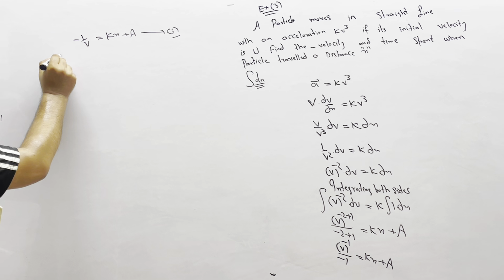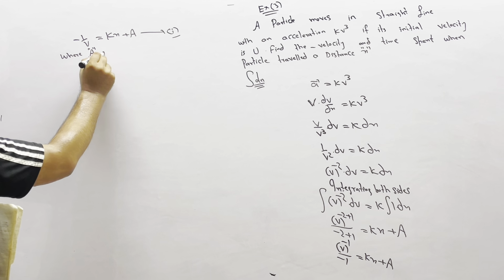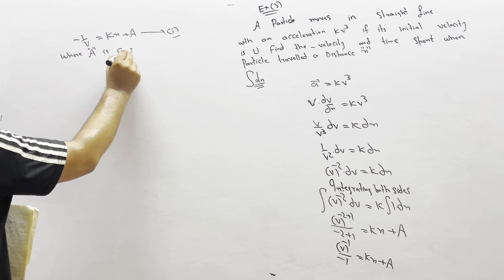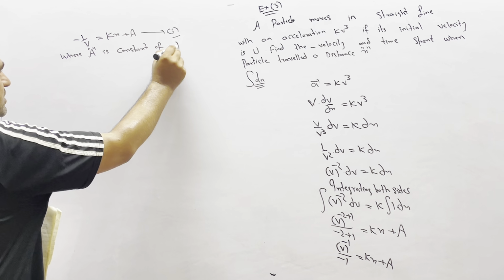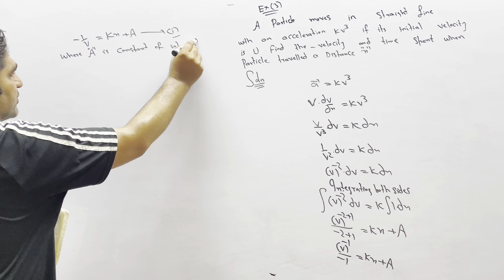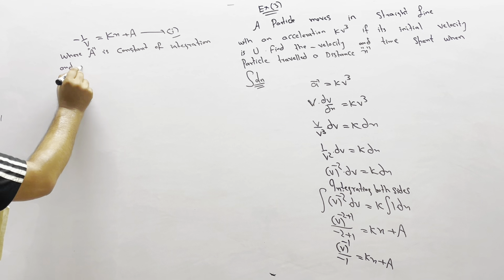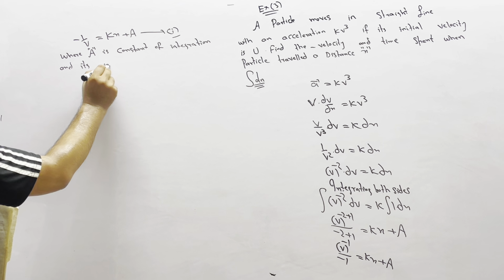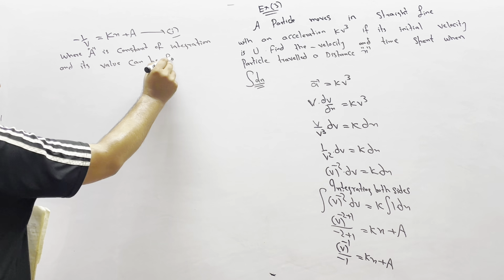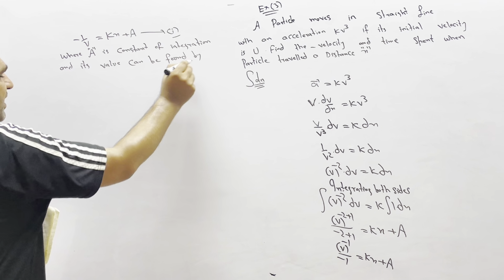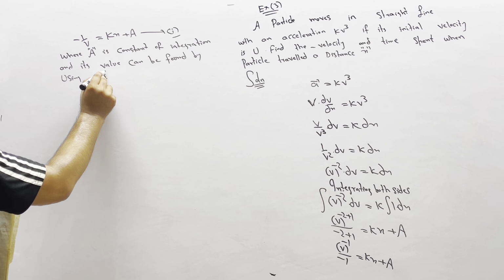Where capital A is a constant of integration, its value can be found by using initial conditions.